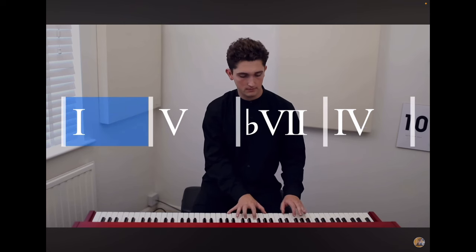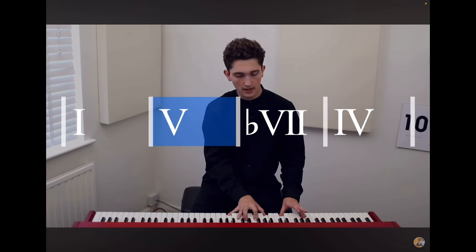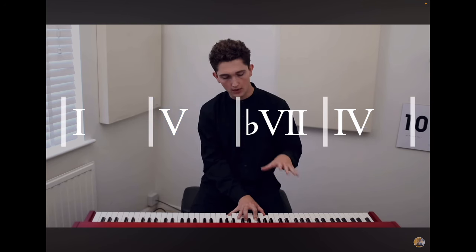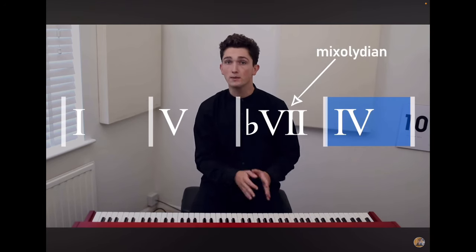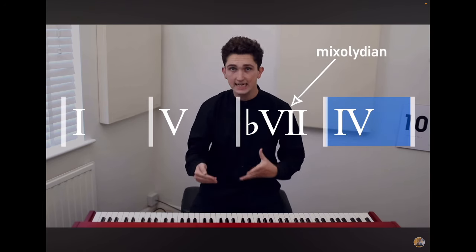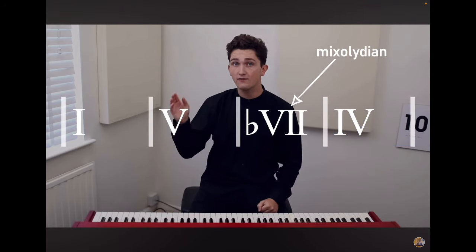The first two chords belong to the major scale. But as you might have noticed, the B flat chord, the flat 7 chord, doesn't belong in the major scale. This is actually from a similar scale called the Mixolydian scale, which is exactly the same as the major scale, but has a flattened 7th degree.